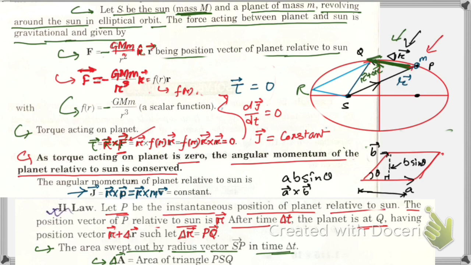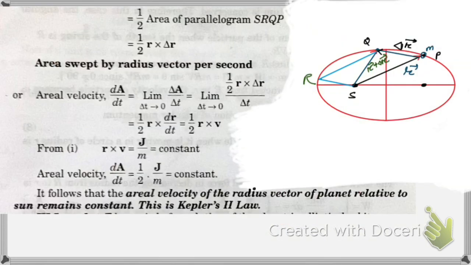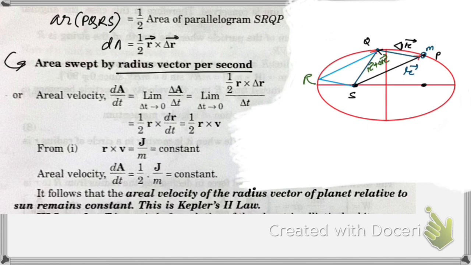So let's move on to the next slide. Here you can see the area of the parallelogram PQRS is vector R cross vector del R. The area swept by the radius vector per second, if you consider this area as dA, is dA by dt, the areal velocity.